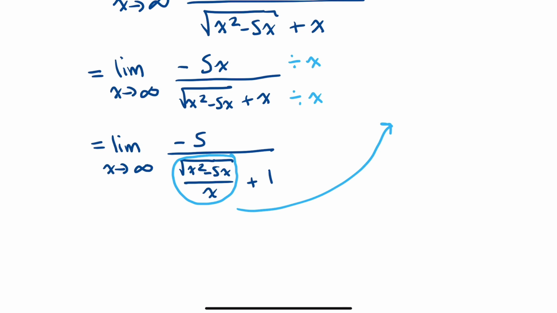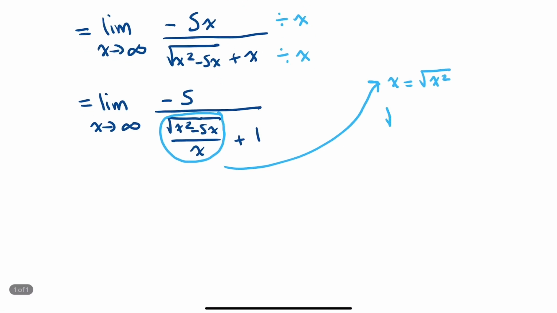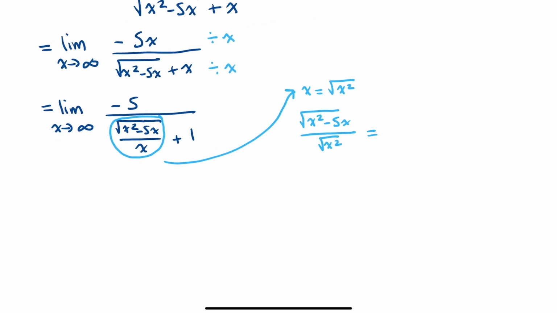Now, one useful trick we can recall is that x is the same thing as saying the square root of x squared. So I could rewrite this as the square root of x squared minus 5x divided by the square root of x squared. And I could combine this together to say the square root of x squared minus 5x all over x squared.